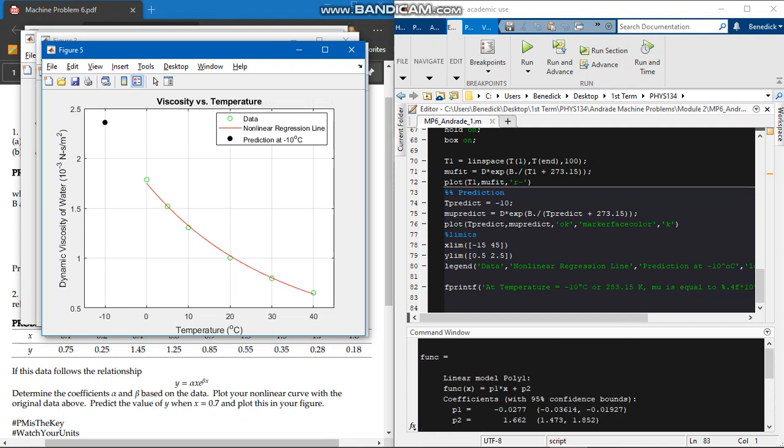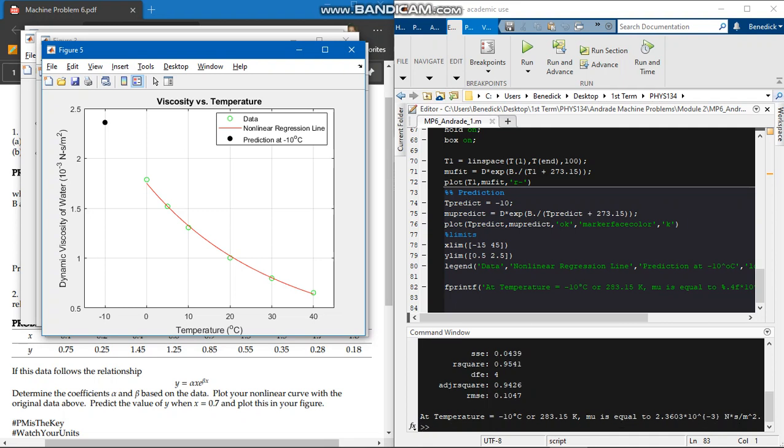Here in the command window, you can see the values of the function and the goodness of the fit. We have 0.9541, which is a pretty good fit. So the temperature negative 10 degrees Celsius, or 263.15 Kelvin, which is the T_a.